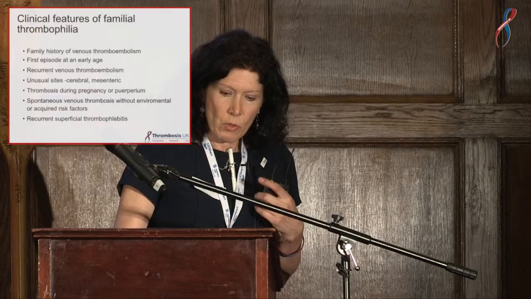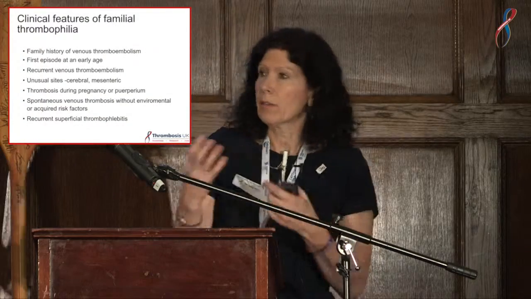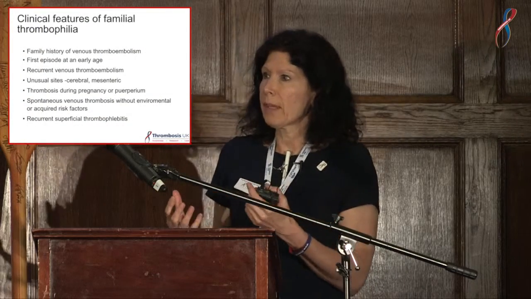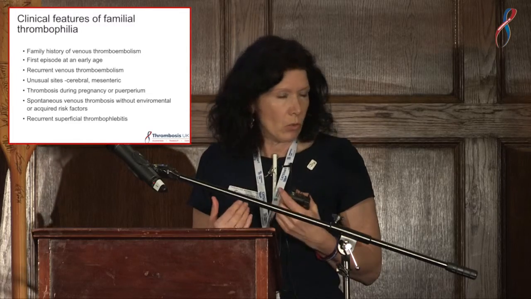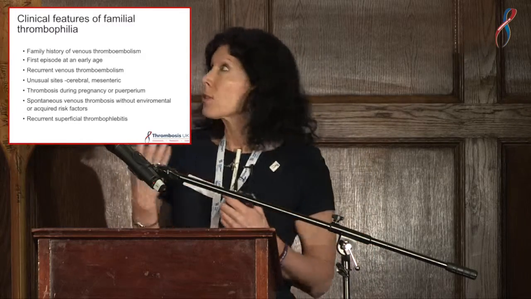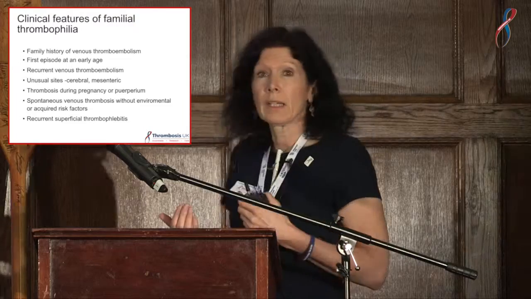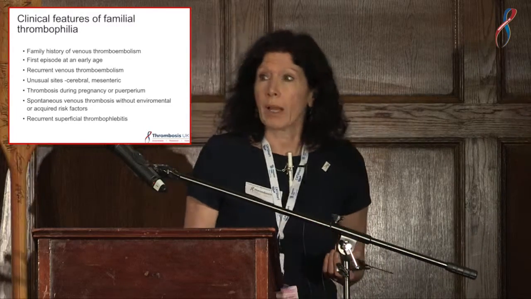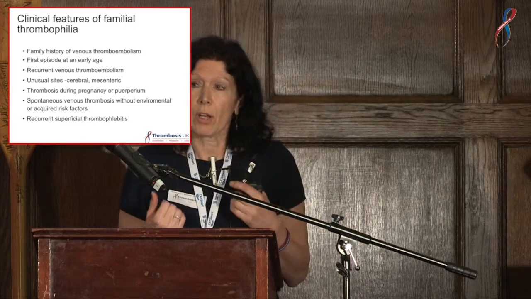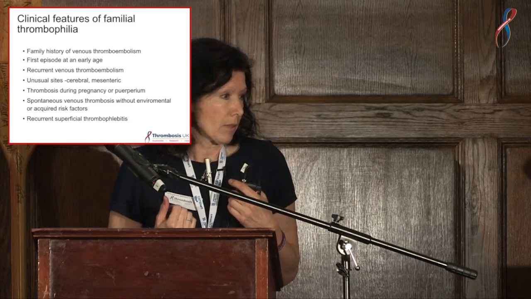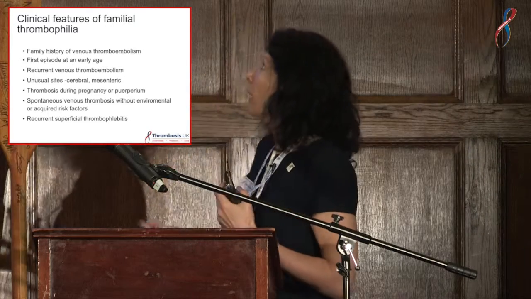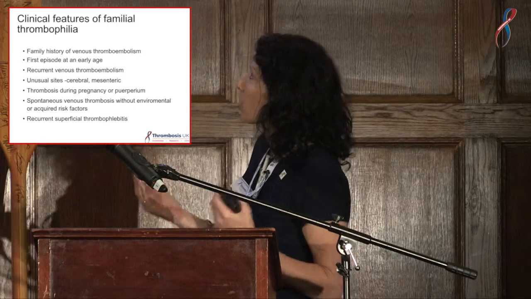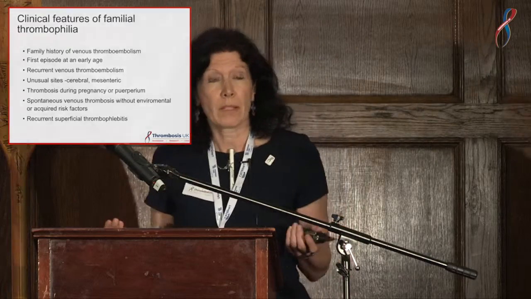So when we talk about inherited thrombophilia, this is the type of thing that we expect to see when we talk to the patients: there's normally a family history, and if you've got sticky blood, you'll have a blood clot at an earlier age than a normal individual, and you might have recurrent events, because your blood's so sticky, and it might be in an unusual place.